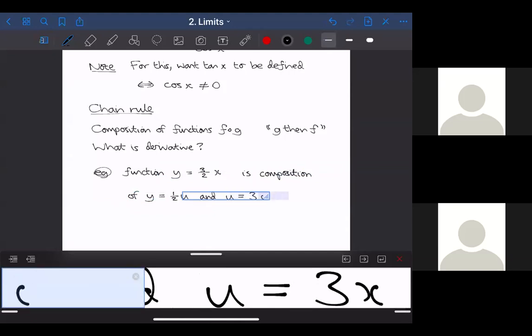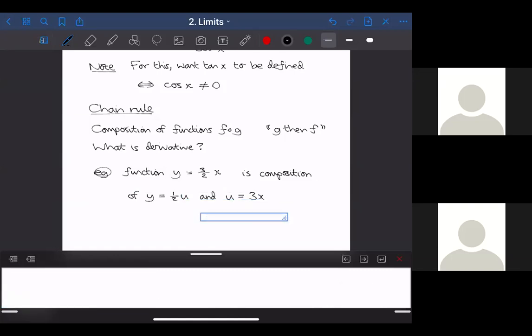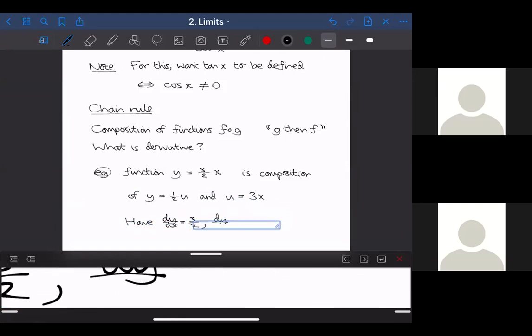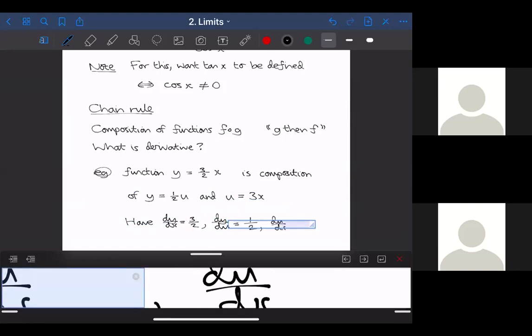So multiply x by 3 to get u and then half u to get y. That's the same thing. And of course we have derivatives: dy by dx is 3 over 2, dy by du is half, and du by dx is 3.